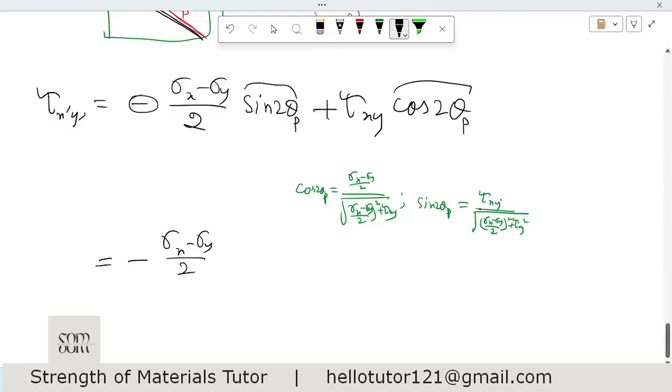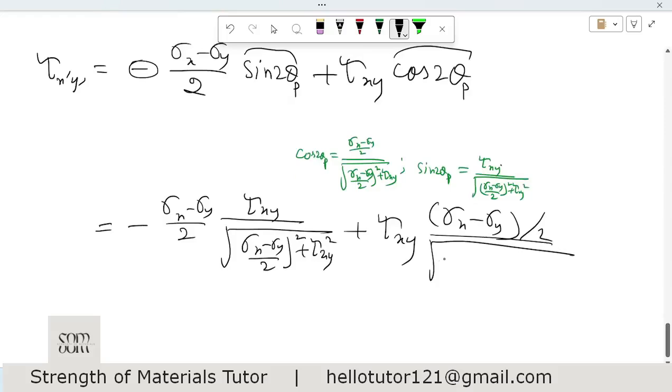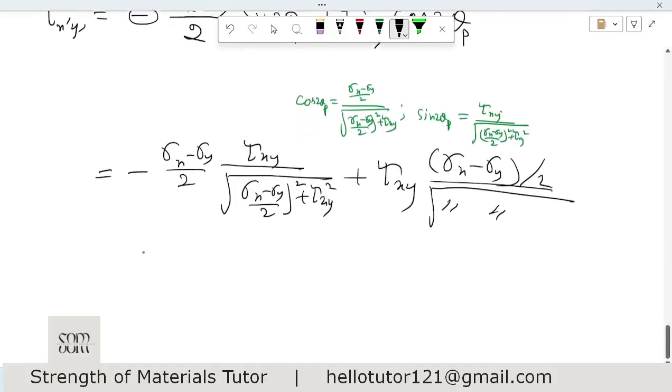Sine 2 theta p is tau xy divided by the square root of ((sigma x minus sigma y) by 2) whole square plus tau xy square. Cosine of 2 theta p is this, divided by the square root of the same thing.